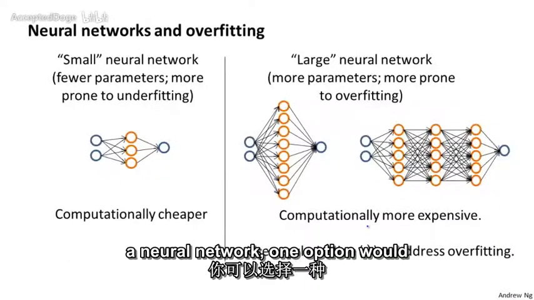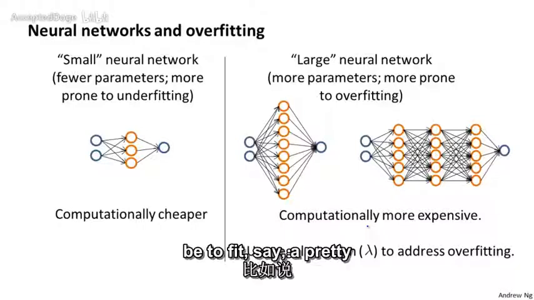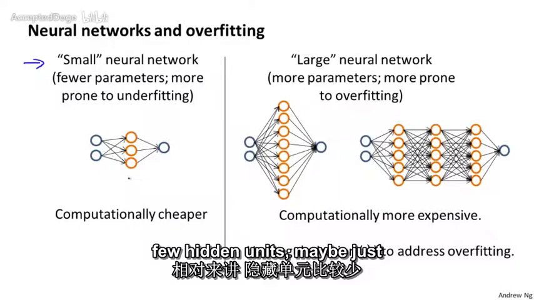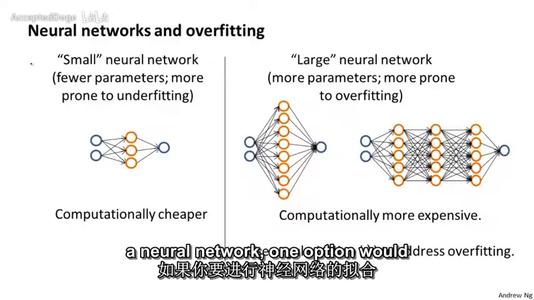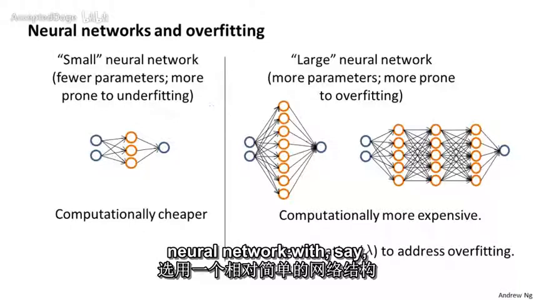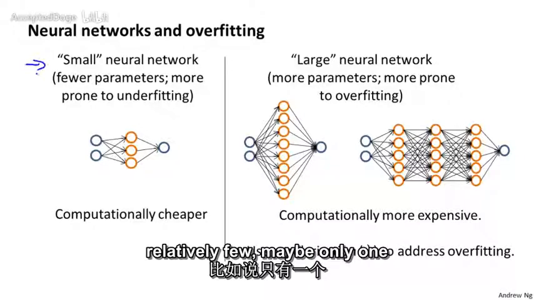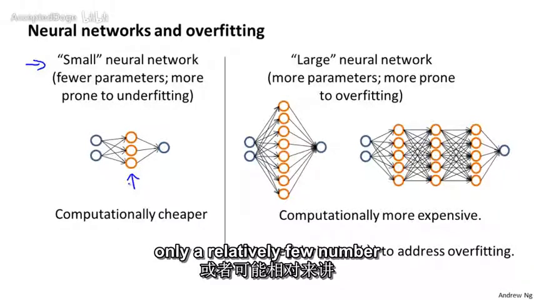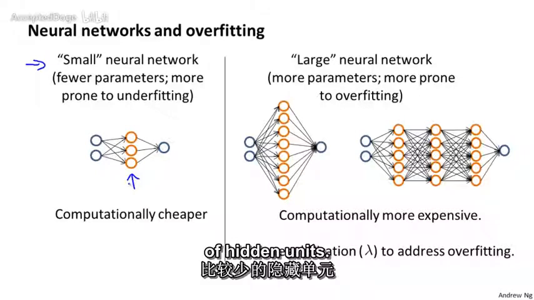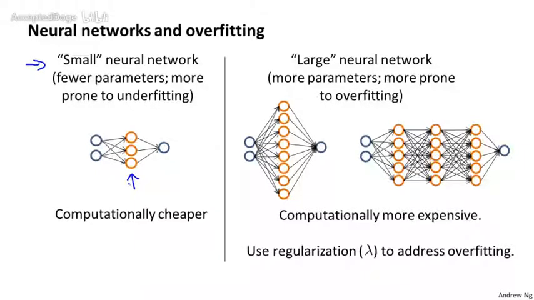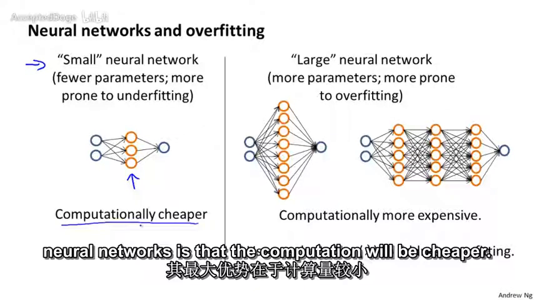If you're fitting a neural network, one option would be to fit a relatively small neural network with maybe only one hidden layer, and maybe only a relatively few number of hidden units. So a network like this might have relatively few parameters and be more prone to underfitting. The main advantage of these small neural networks is that they're computationally cheaper.